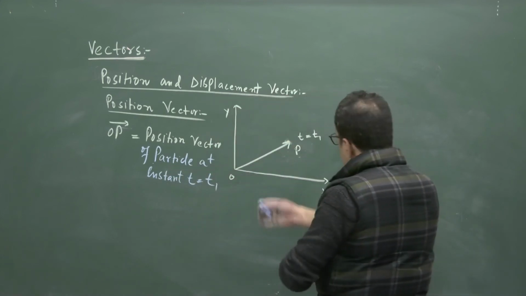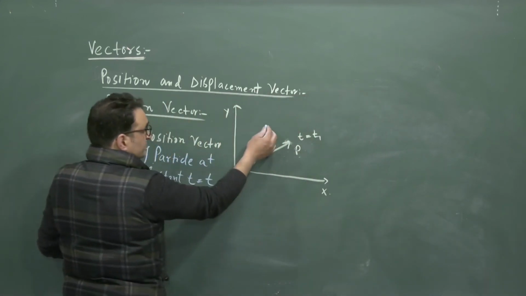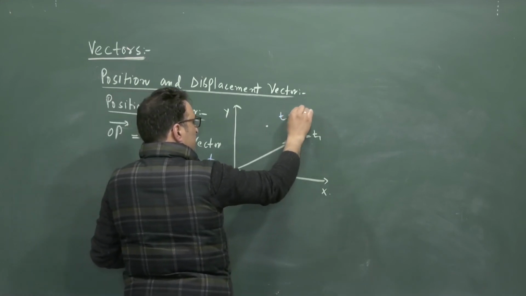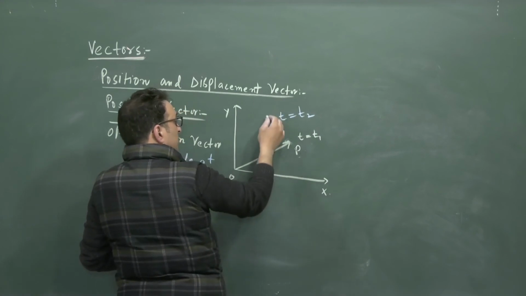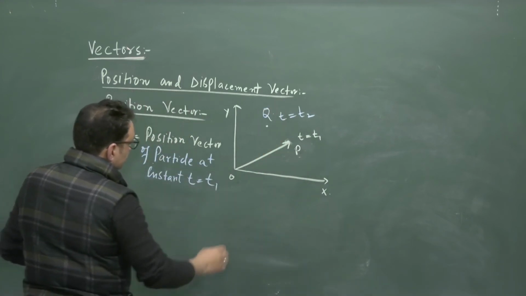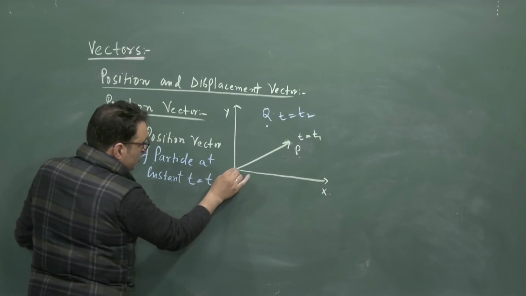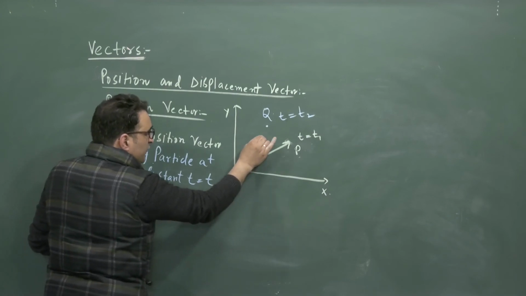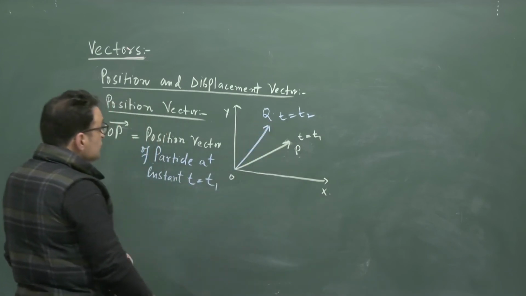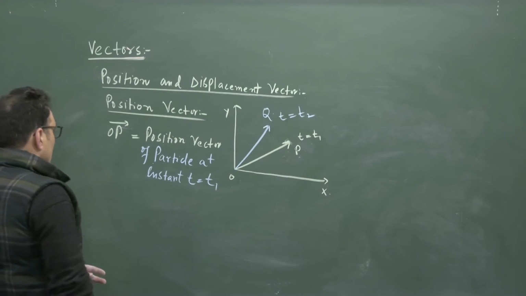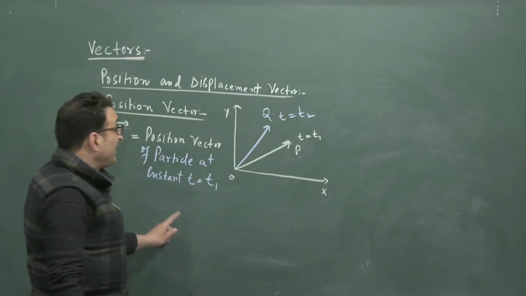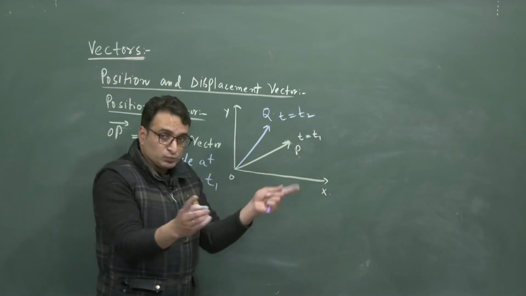Now, at another instant, t equals t2, the particle is at point Q. Therefore, we can draw another arrowed line starting from the origin and finishing at point Q. We call this OQ the position vector of the particle at instant t equals t2.